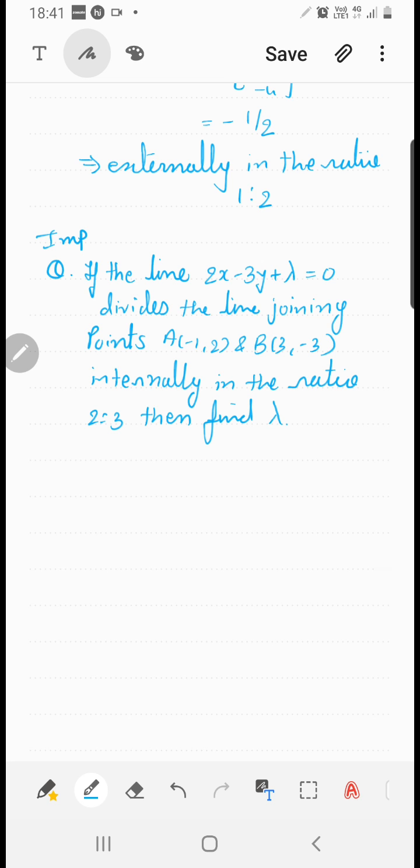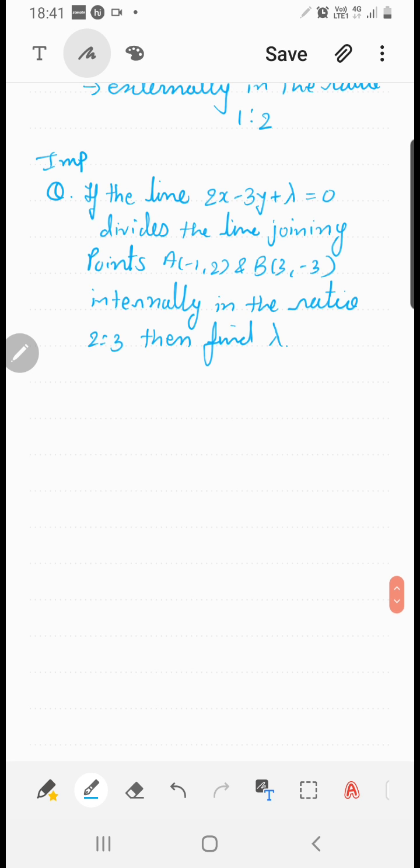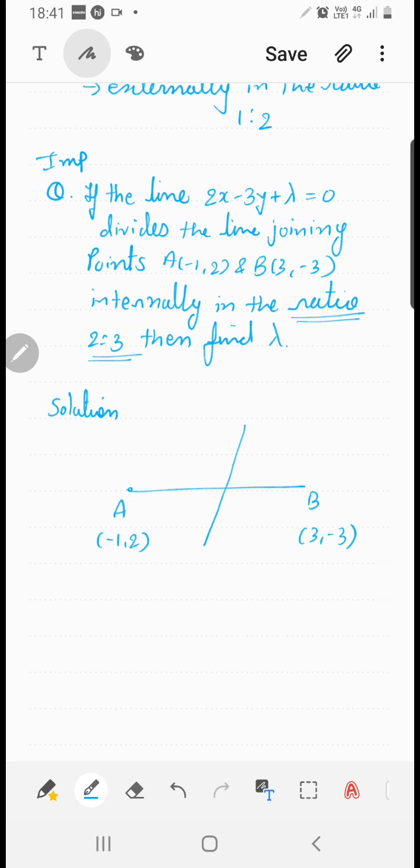So here, in the sum, I can see the keyword is ratio 2 is to 3. Ratio is given. So in the solution, let us directly start with the diagram. The coordinate of A is minus 1 comma 2. The coordinate of B is 3 comma minus 3. And the equation of line is given as 2x minus 3y plus lambda is equal to 0.